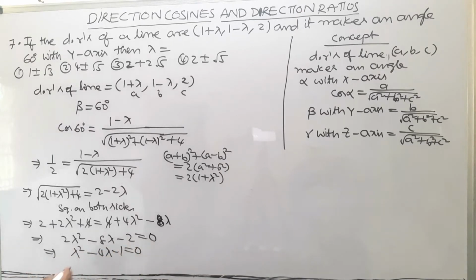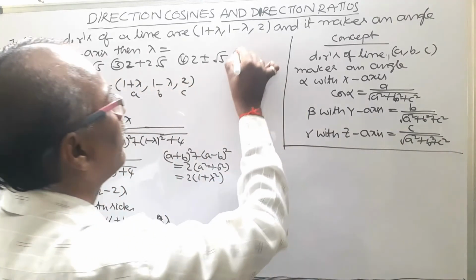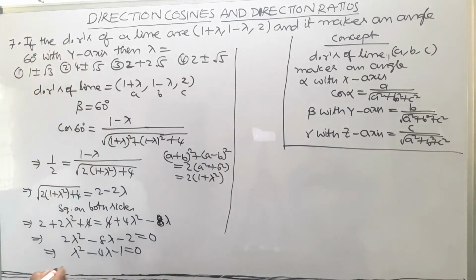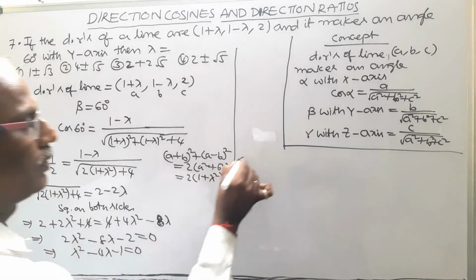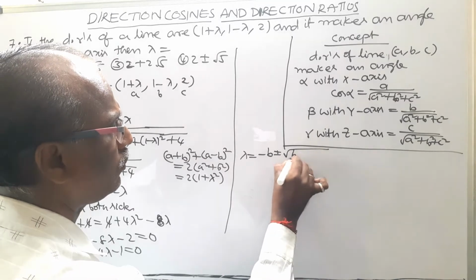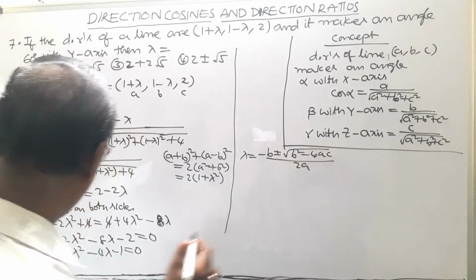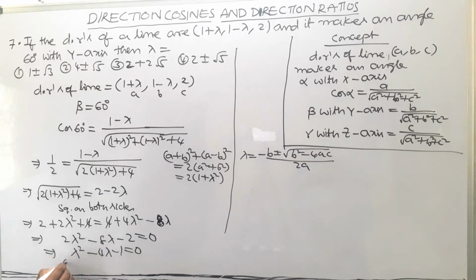Here, to find the lambda value, apply the formula lambda equal to minus b plus or minus root of b square minus 4ac by 2a. In this equation a equals 1, b equals minus 4, c equals minus 1.